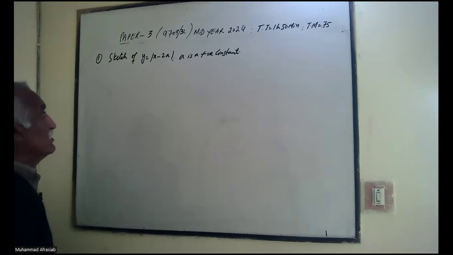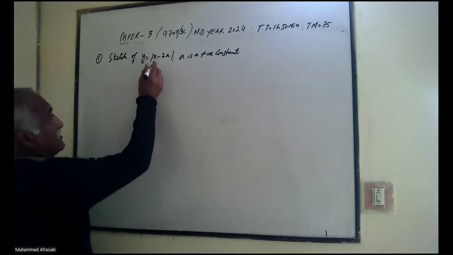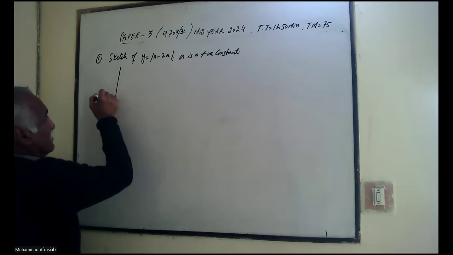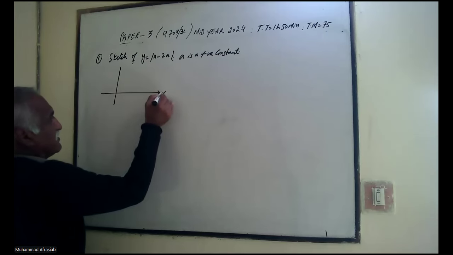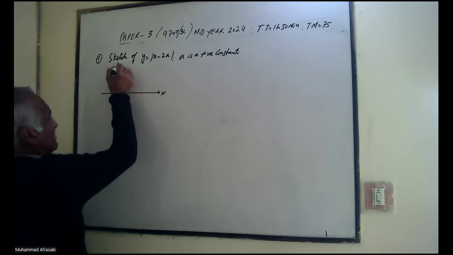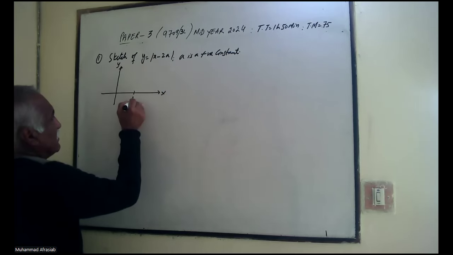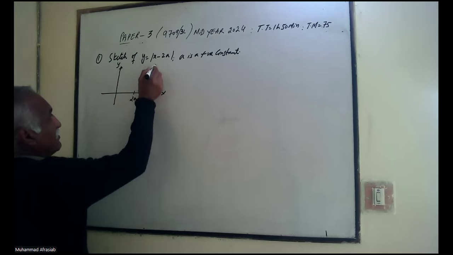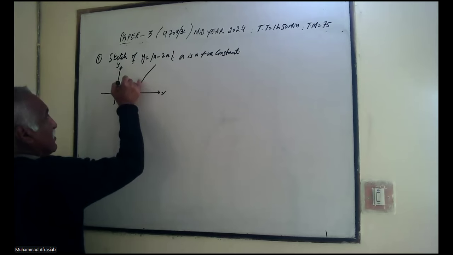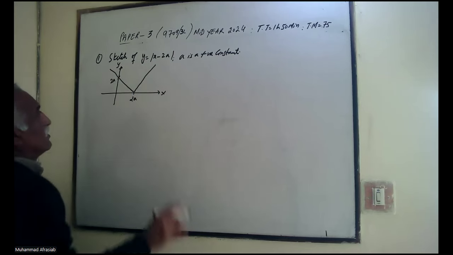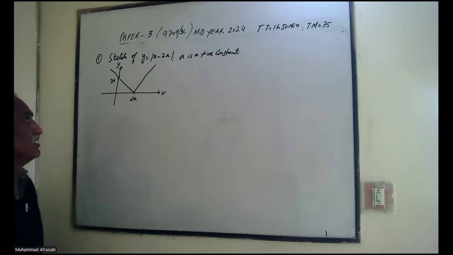Because we are drawing only the sketch, and here it is a linear equation, if this is the x-axis and this is the y-axis, then it is a minus sign there, so it is going towards the right side, 2a, and this is the graph of y is equal to modulus of x minus 2a.